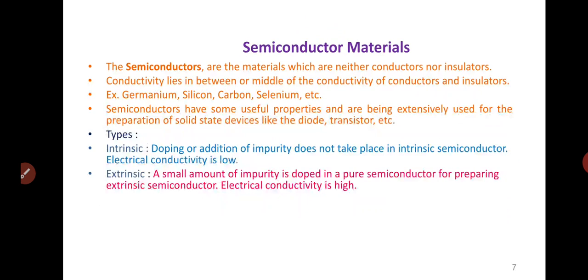Now let us start with the concept of the semiconductor materials. As you know, the semiconductors are the materials which are neither conductors nor insulators. Means its conductivity lies in between conductors and insulators.